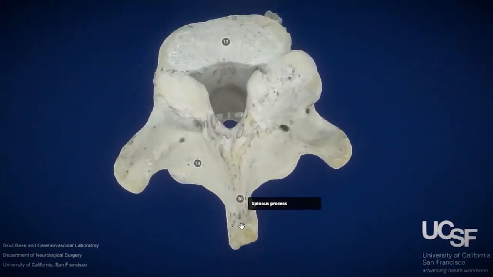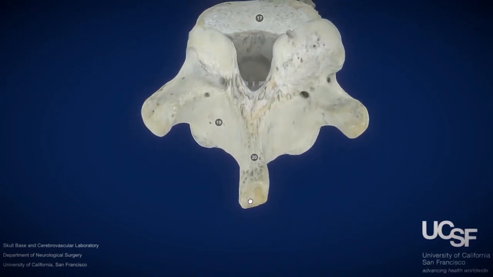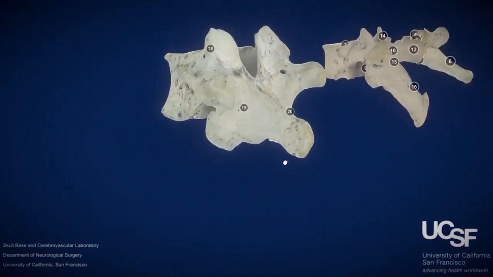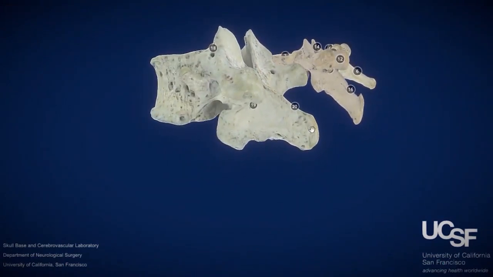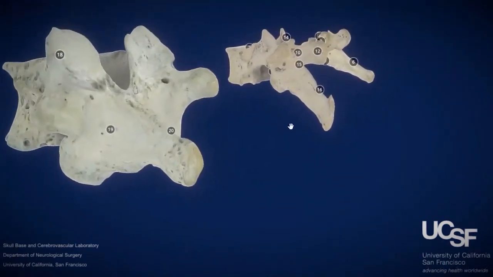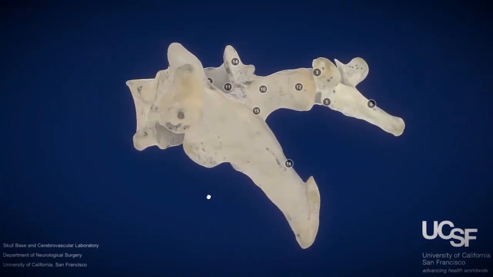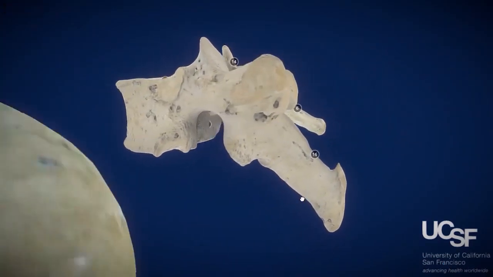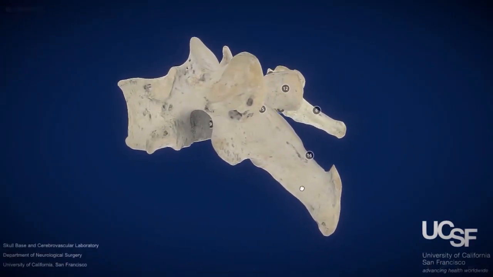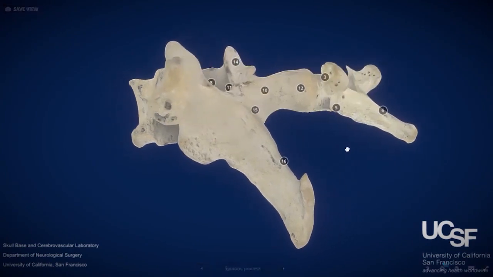and identifying the most posterior projection, which is the spinous process. At an inferior level, we see that the spinous process gets shorter and has a slight posterior or horizontal projection, whereas in this typical spinous process of the thoracic region, we see that it has a long projection and runs in a more vertical fashion.